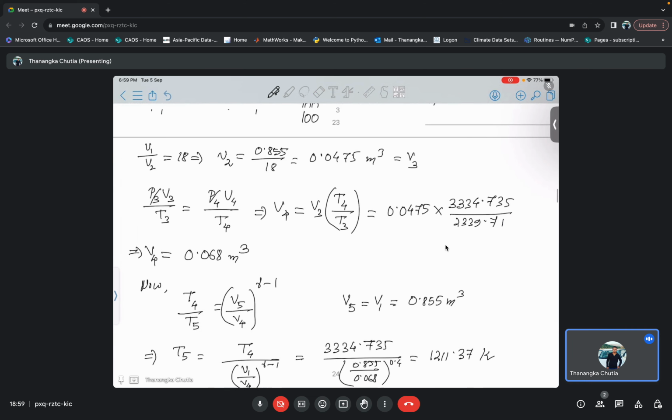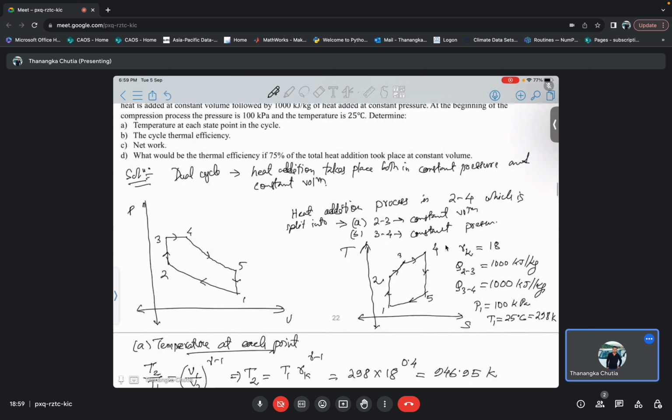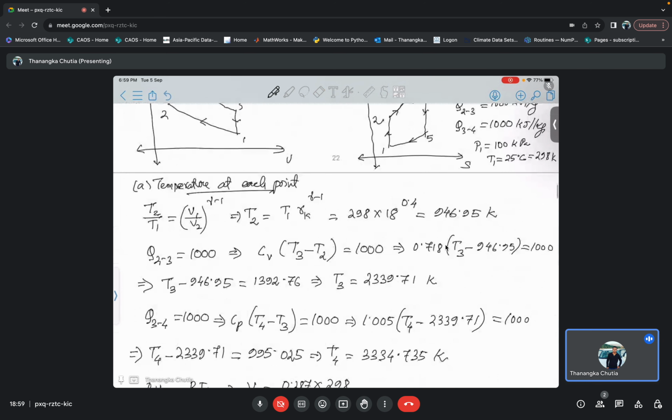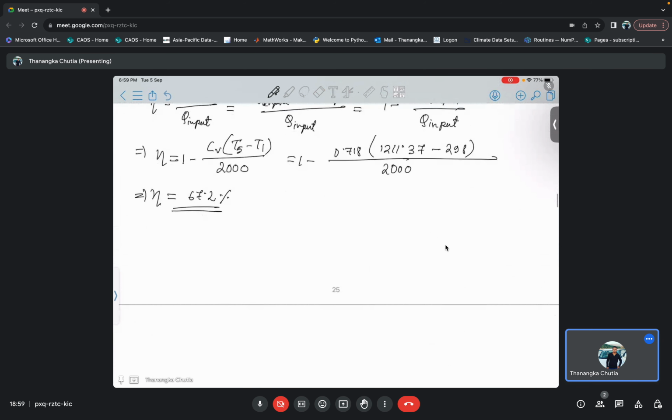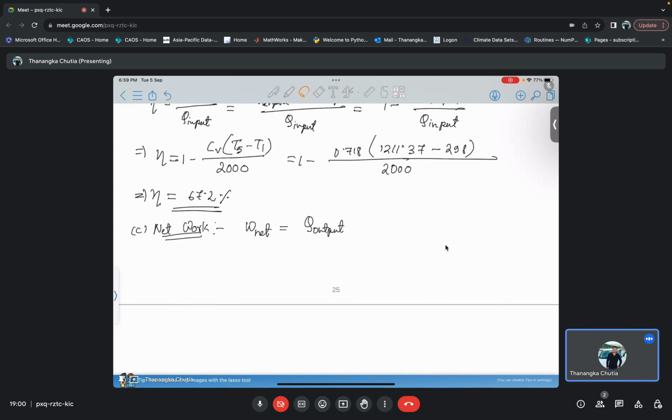So next we also have to calculate the net work. So what is net work? W net will also be equal to Q input minus Q output.